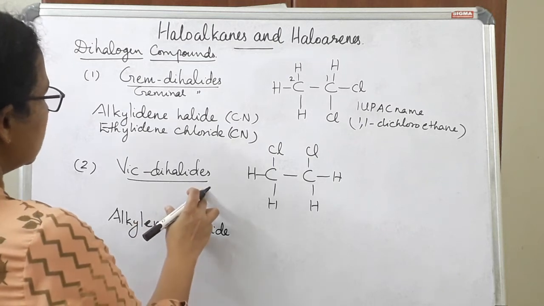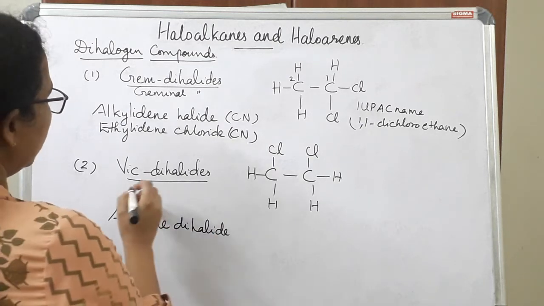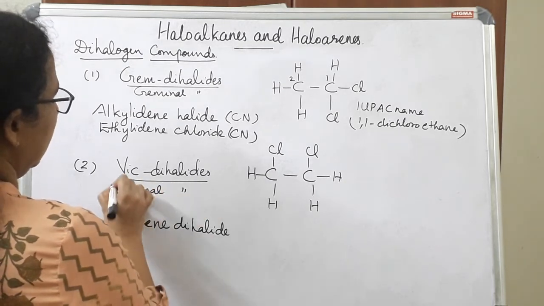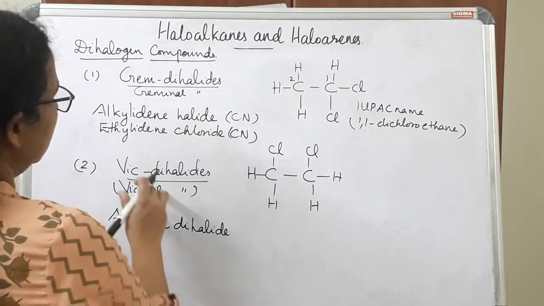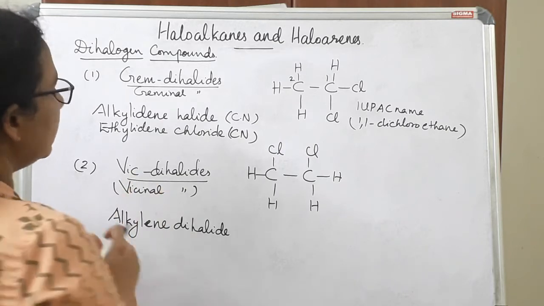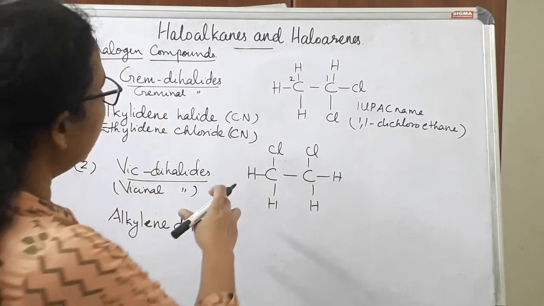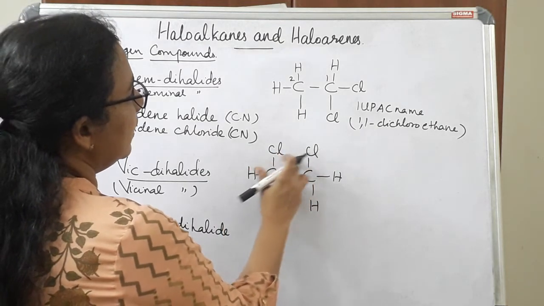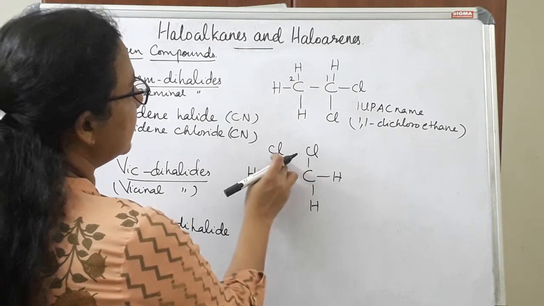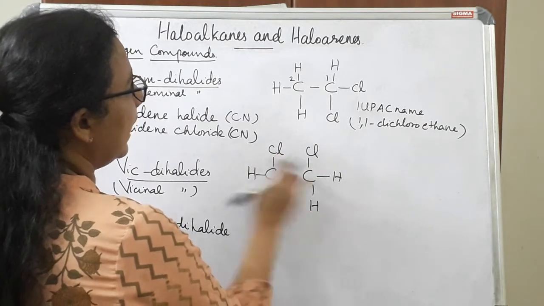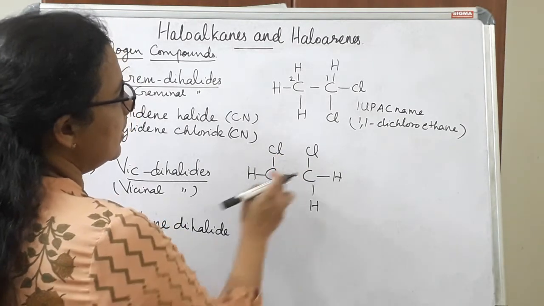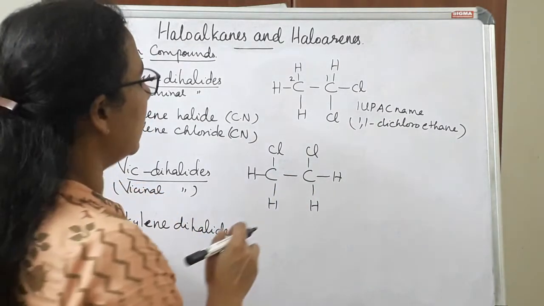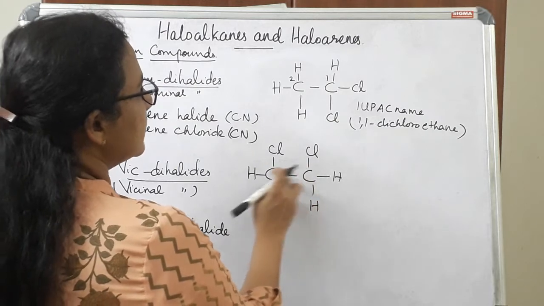Then the other one is vic dihalides, or actually vicinal dihalides. Vic dihalides are also dihalogen compounds, but the two halogen atoms are attached to the adjacent carbon atoms.